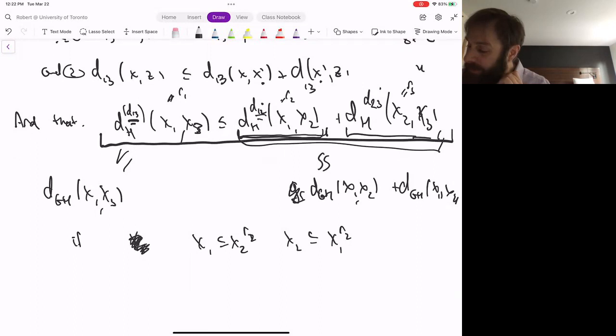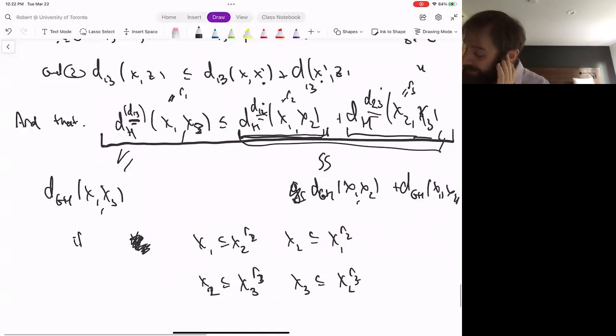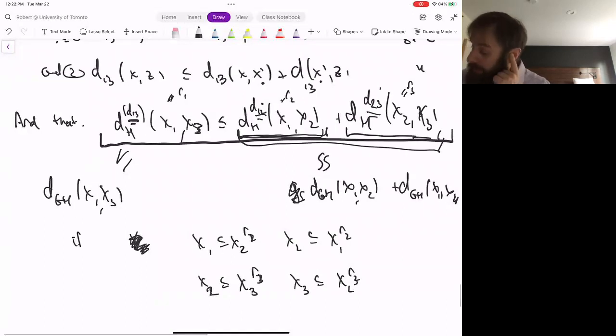And similarly, I know that x2 is contained in an R3 neighborhood of x3, and x3 is contained in an R3 neighborhood of x2, where now the neighborhoods are defined with respect to this other distance.